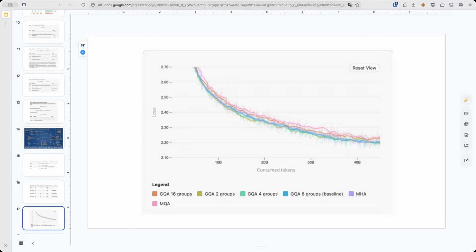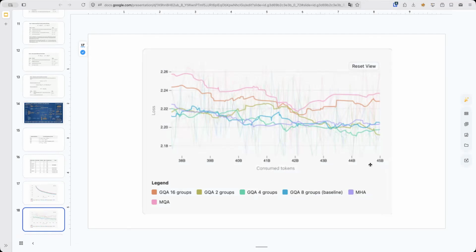So we have pretty loss curves that are barely distinguishable from the current zoom ratio. But we can see that multi-query attention performs worse, and multi-head attention performs sufficiently comparable with grouped query attention. And I zoomed in, so this is what we have at the tail of the loss curve.